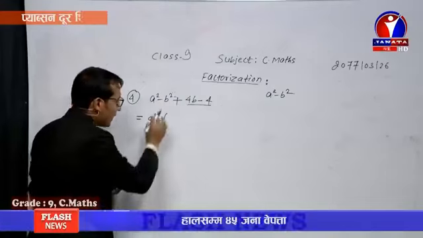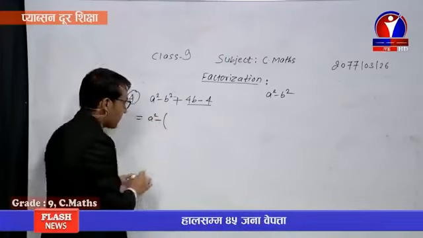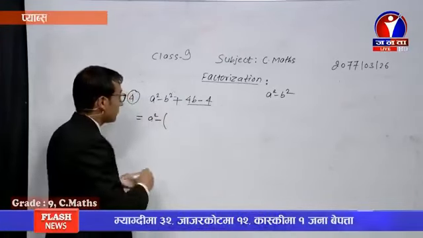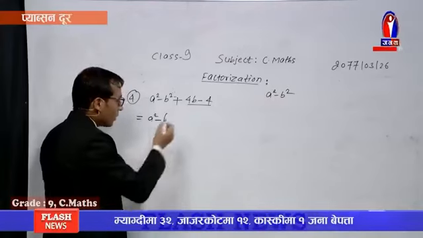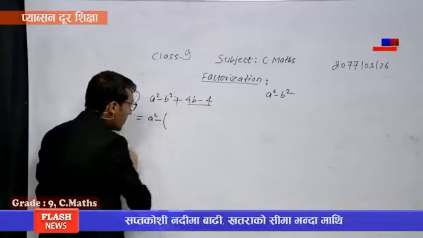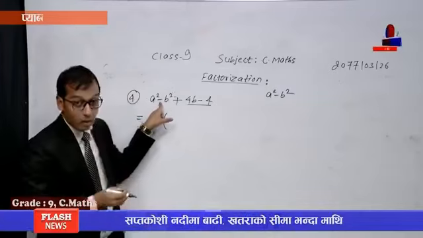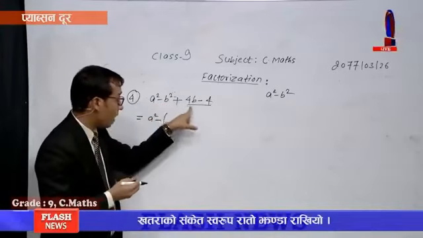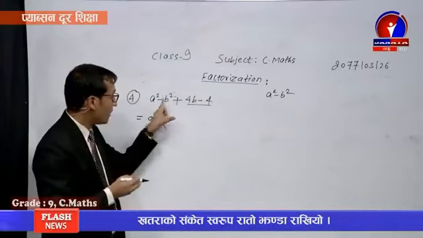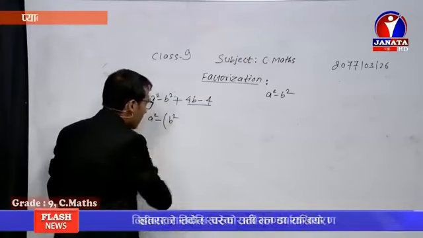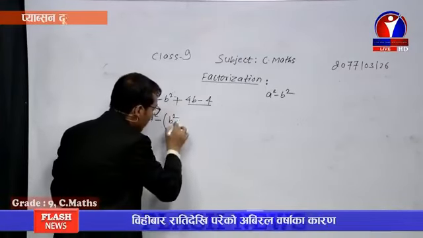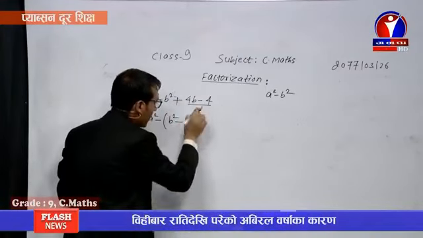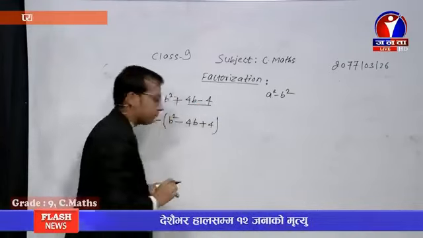So at the end of the factorization, we will try to convert into a square minus b square form. Here I'm taking the negative sign common from the second term. Let's see what we obtain. After taking the negative sign common, the signs of these three terms will change. So negative b square will be positive, positive 4b will be negative 4b, and negative 4 will be positive 4.